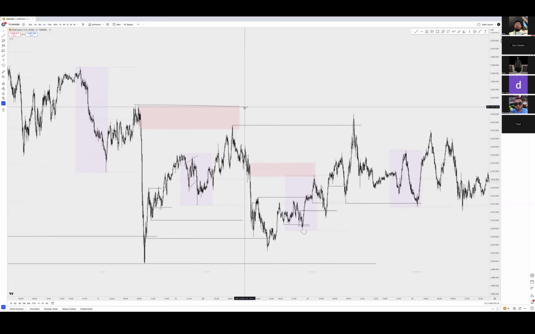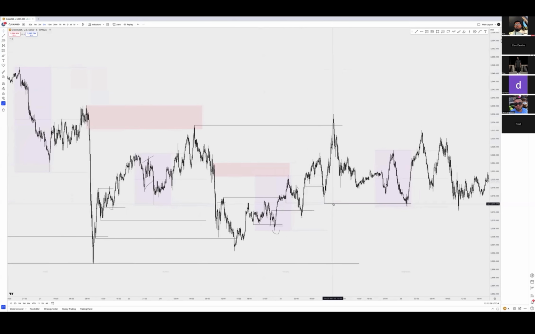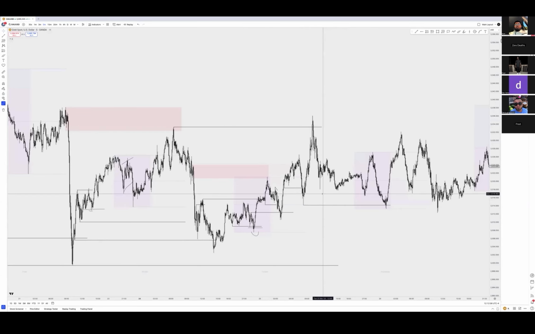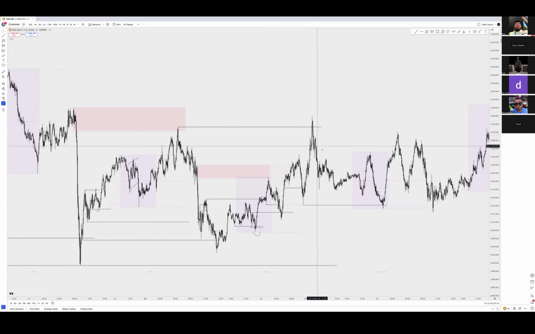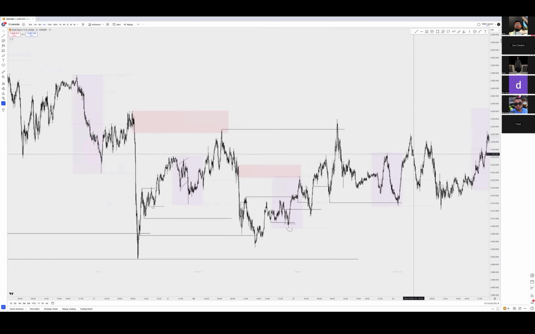So New York, honestly, wouldn't be looking for anything. We got this low intact. We got liquidity below there. I mean, we got all this liquidity as well, right? So once it starts moving to the downside, I can see why people would get induced into selling.